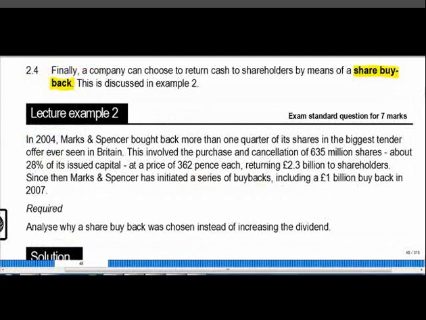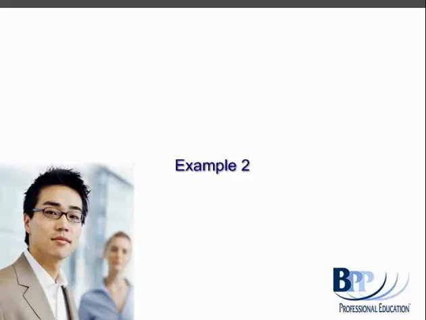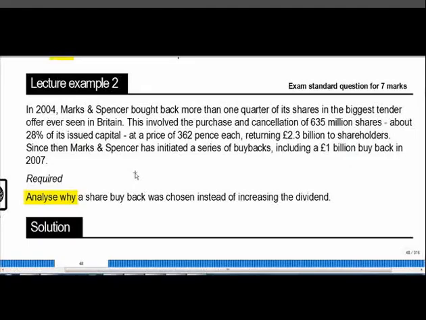Finally, if a company has decided to return cash to shareholders, they might consider doing this by means of buying back shares instead of paying a cash dividend. We'll talk about this in lecture example 2. Lecture example 2 looks at a real example of Marks & Spencer's in 2004 buying back more than a quarter of their shares, which at that time was the biggest buyback ever seen in Britain.